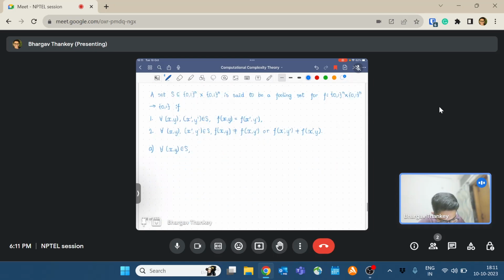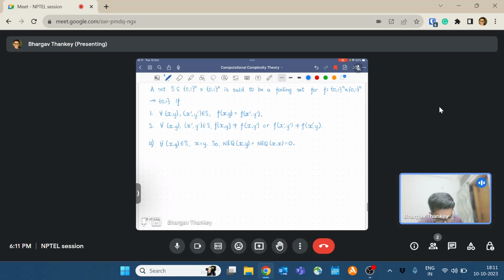So NEQ(x,y) equals NEQ(x',y'), which is 0 because they are equal, right? So the first condition is satisfied.